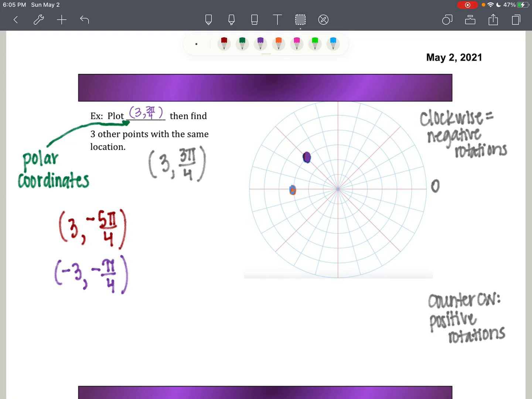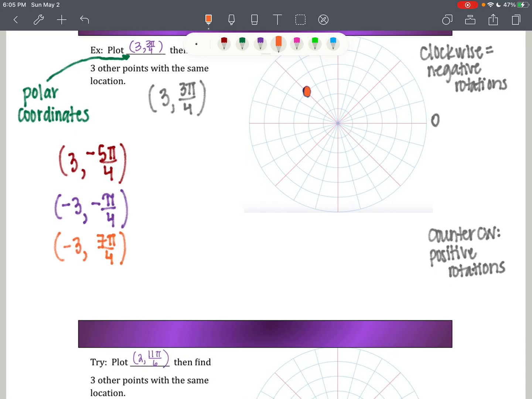And this time I'm going to take the long way around. 1π/4, 2π/4, 3π/4, 4π/4, 5π/4, 6π/4, 7π/4. So because we went counterclockwise, that's a positive rotation, and we had to move 7π/4 to get to that point.